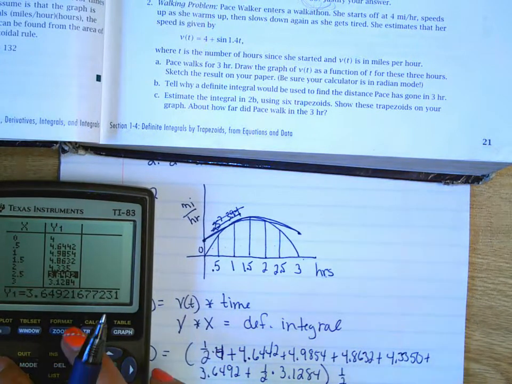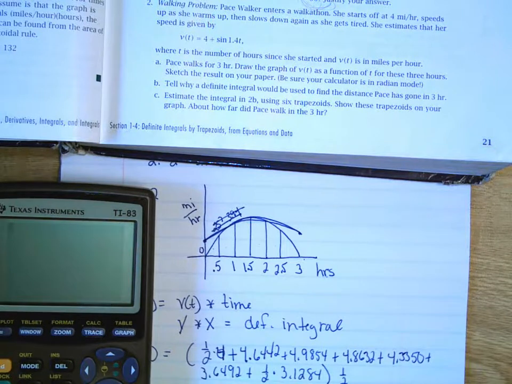But anyway, now it's just crank it through the calculator. So 0.5 times 4 plus.